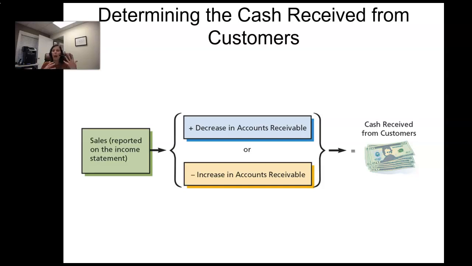Well, back on our balance sheet, when we looked at the indirect method, we determined that there was either an increase or a decrease in our accounts receivable. If you have a decrease in accounts receivable, you are going to add that to your sales figure. If instead your accounts receivable went up, you're going to subtract that from your sales figure, and that's going to get you your cash received from customers.